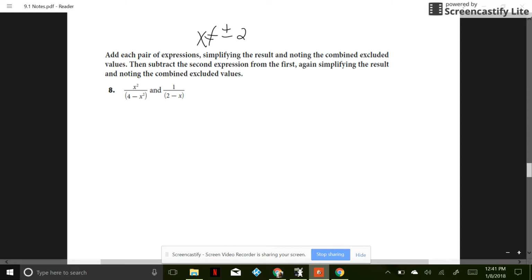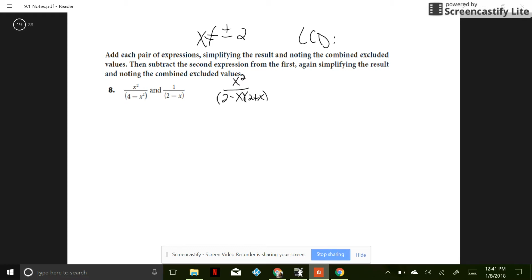Now, this first fraction, the denominator can factor into 2 minus x, 2 plus x. It's a difference of squares. So that means our LCD, you'll notice the second fraction already has 2 minus x in the denominator, so it's included in both.